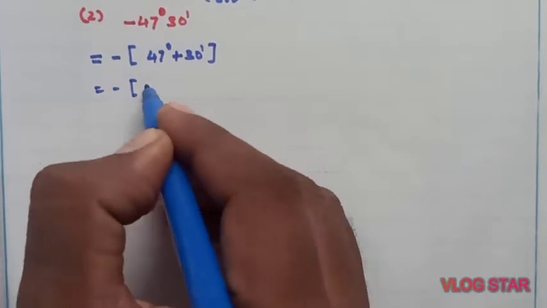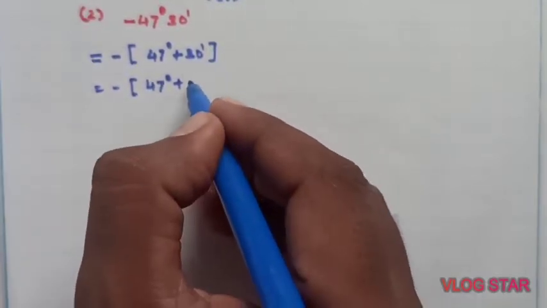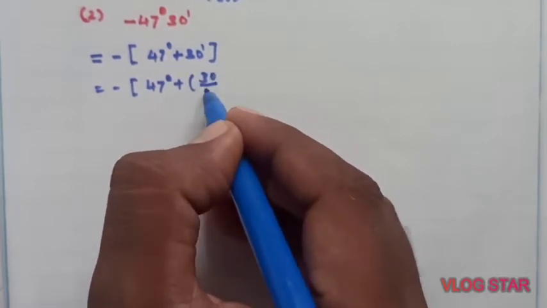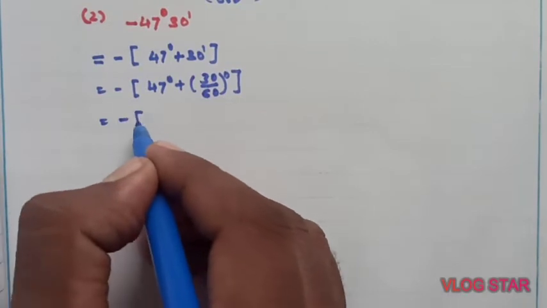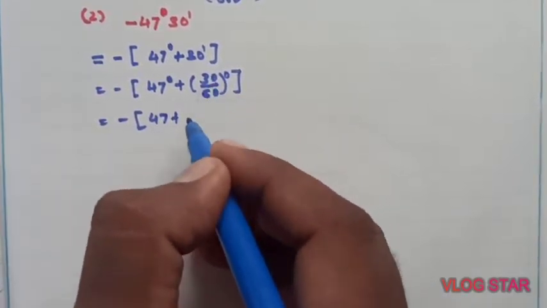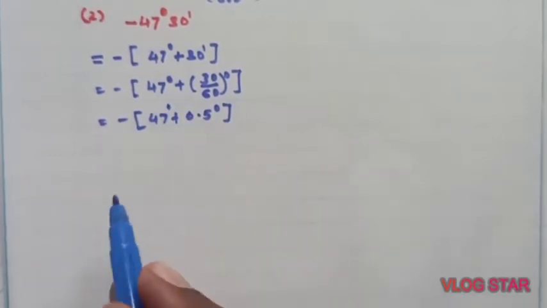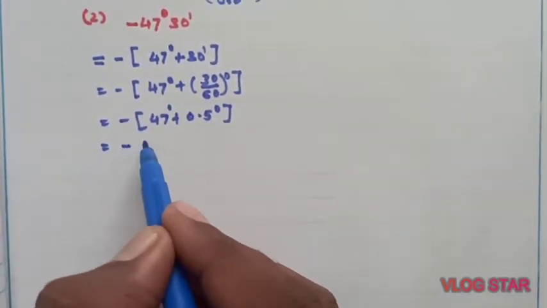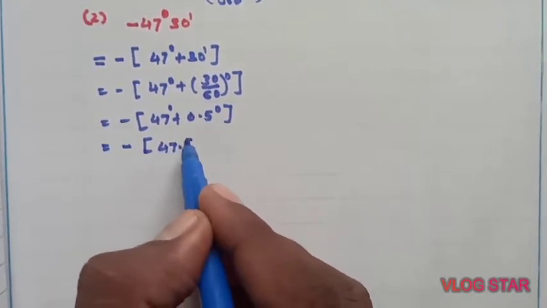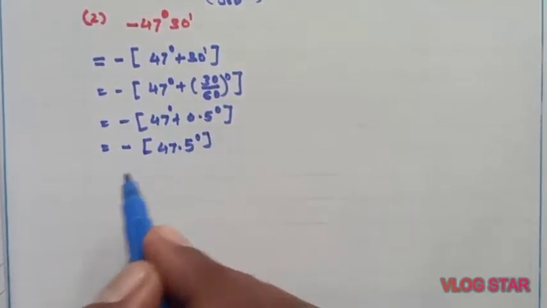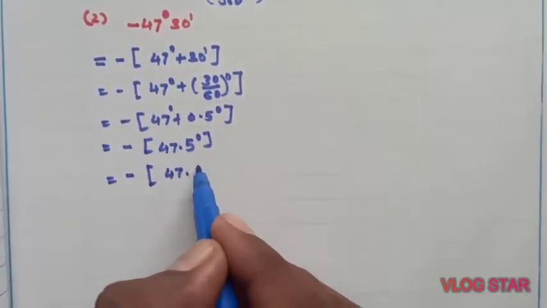Quickly you should know 47 complete degree, 30 minute means actually half, or you can convert it as 30 by 60, it is now in degree. So negative 47 plus half means 0.5 degree. So what is the total? It is negative of 47.5 degree. No issue, the negative sign remains.